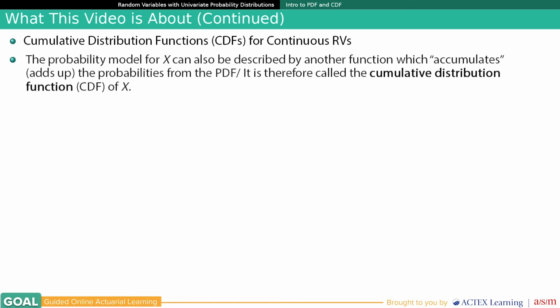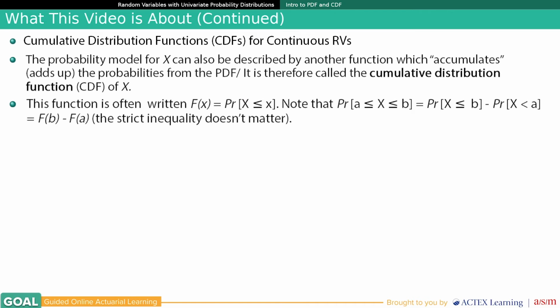It is therefore called the cumulative distribution function, or CDF, of capital X. But remember, the values of the PDF, when you have a continuous random variable, are not really probabilities. They're probabilities per unit length, probability densities. So to add them up doesn't entail doing a literal addition. If you think about it, it would have to entail doing an integral, integrating the PDF to get the CDF, and that's what we'll see in coming slides.